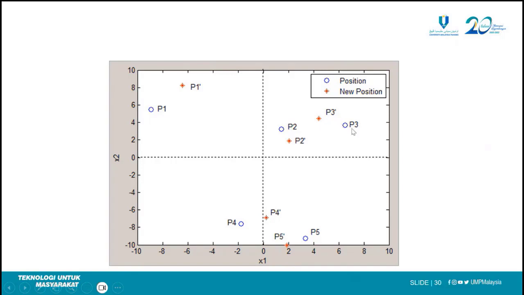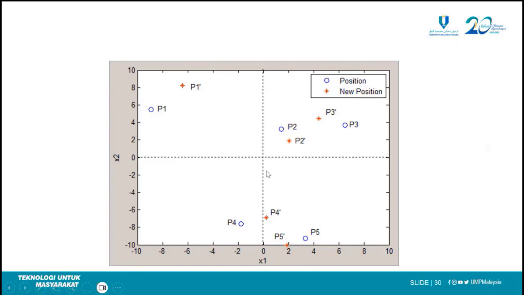For P5 also, certain factors influence it to move to a new position, to this point. So basically we can imagine particle swarm optimization as the movement of particles inside the search space in order to find the optimum solution.